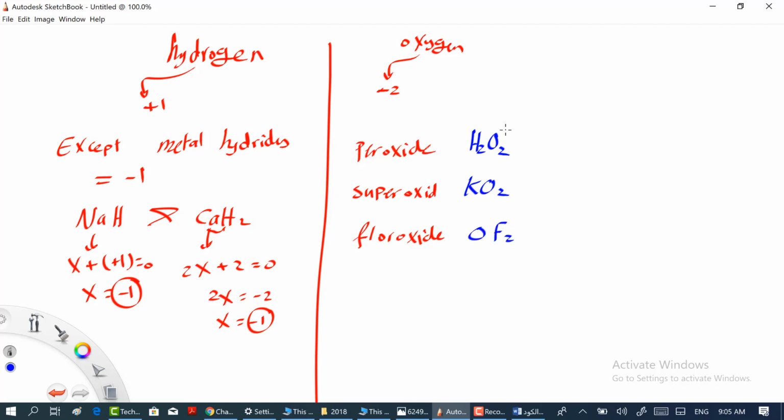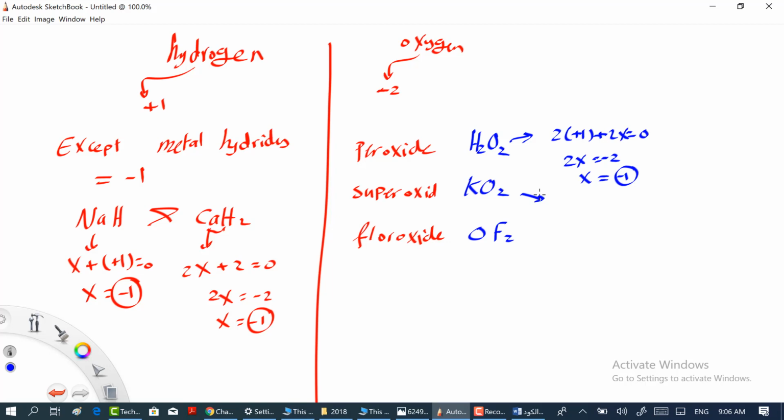In this case, we're calculating the oxidation number of oxygen. 2 multiply positive 1 plus 2X equal 0, 2X equal -2, so X equal negative 1. Potassium superoxide is called the chemical plant since it's used in closed submarines and aeroplanes in filters to replace the carbon dioxide gas from respiration with oxygen gas.